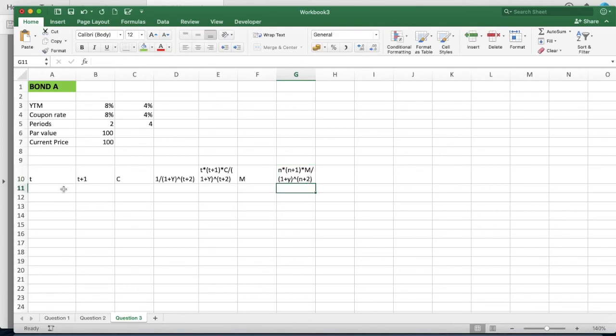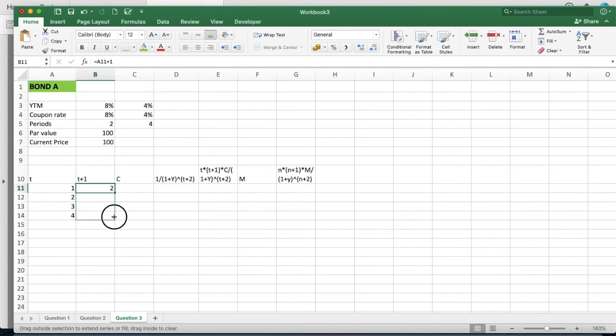Okay, so we have 1, 2, 3, and 4 periods. Now I have to transform this 1 to t plus 1, so equal t plus 1.